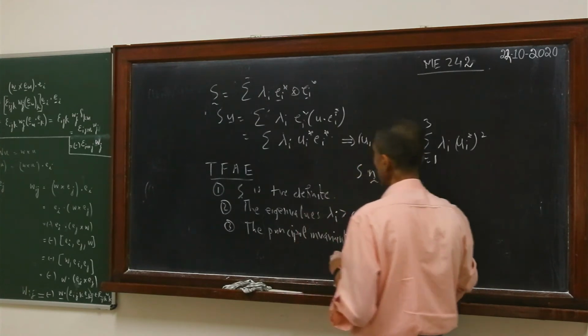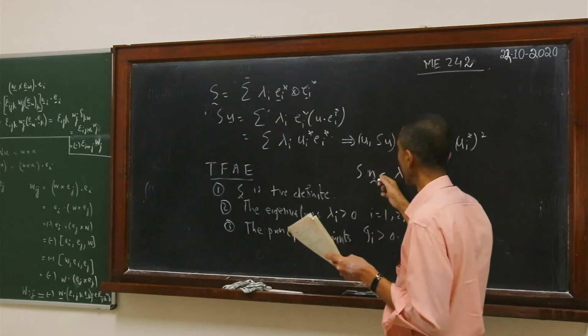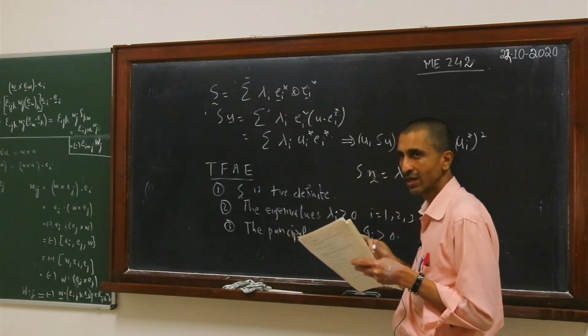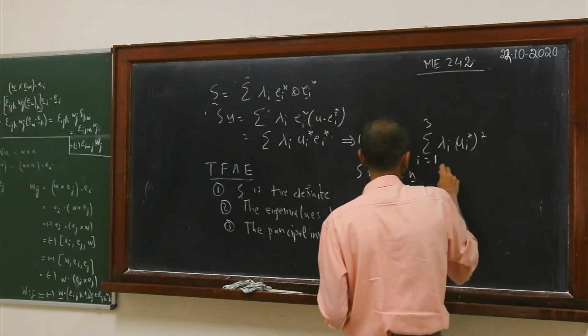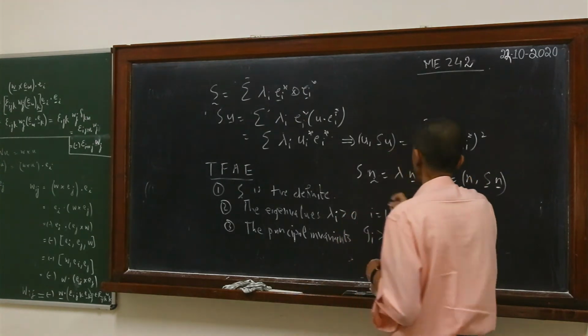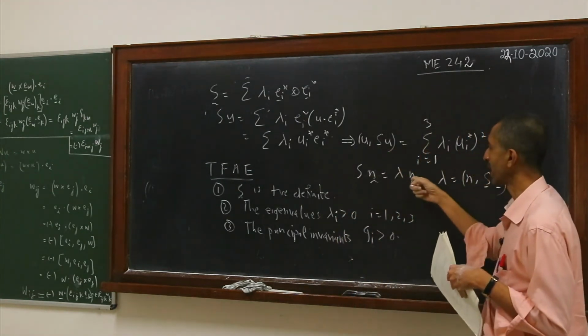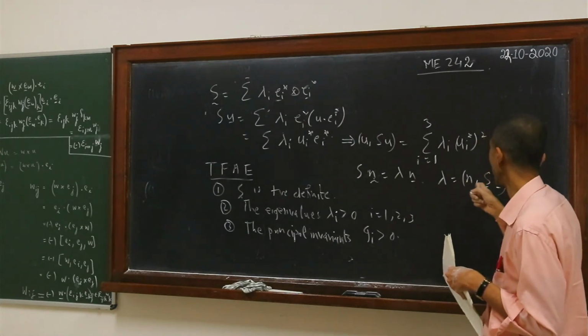Everything is real here, because we have already shown that for a symmetric tensor the eigenvalues are real and the corresponding eigenvectors are also real, so we don't need to worry about complex values. So λ can be written as (n, Sn), because the eigenvector is normalized so that its magnitude is 1.